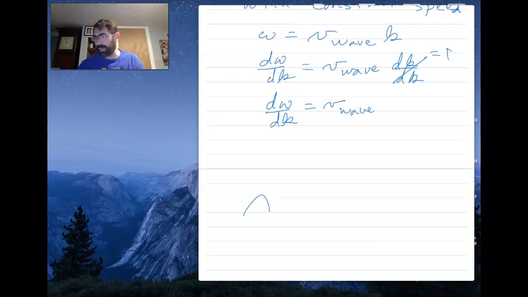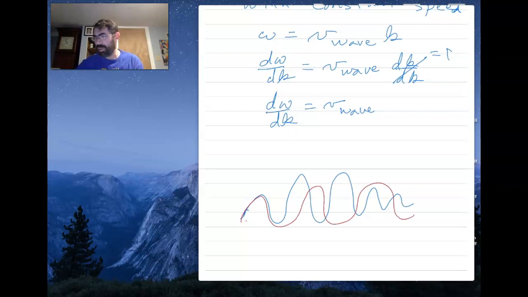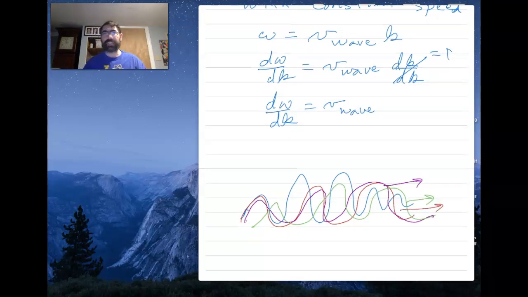So essentially, my wave packet, which I've drawn here, is a combination of many different waves added together like so. And each of these different waves is moving with its own speed. So therefore, we have to take into account the variation, the change in frequency with respect to wave number, to figure out what the actual wave speed is.